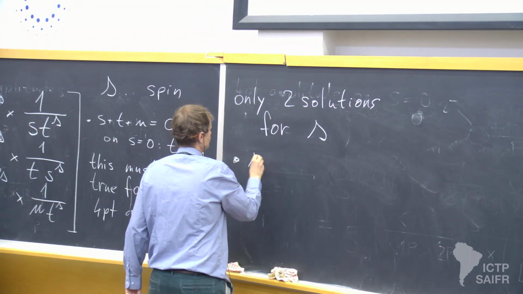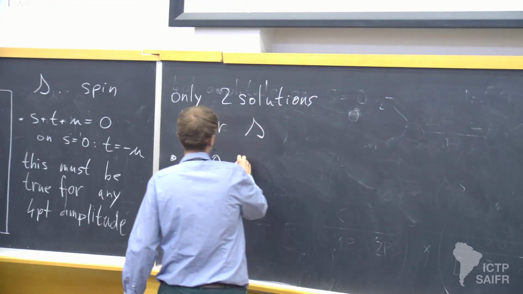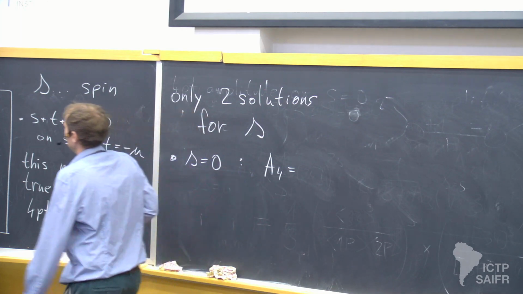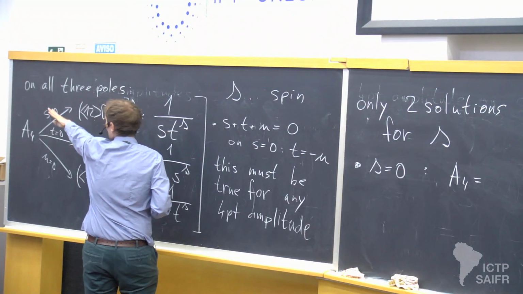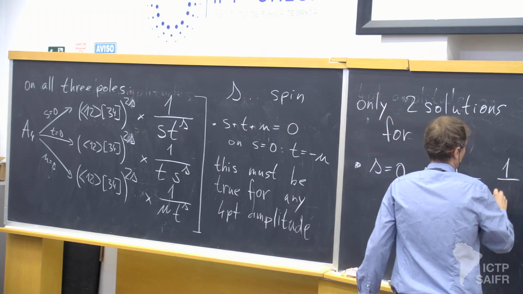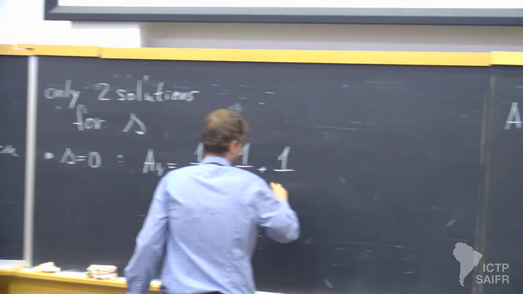The first one is spin 0. So the spin 0 amplitude would look like this. The s is 0, so the prefactor is actually 1. And the amplitude is just 1 over s plus 1 over t plus 1 over u.